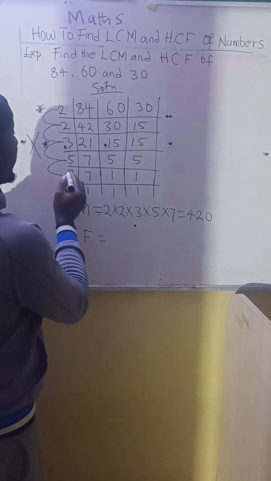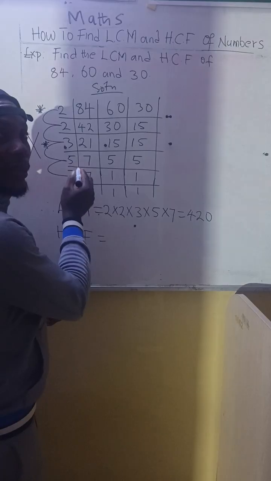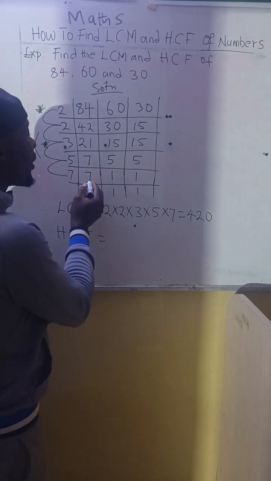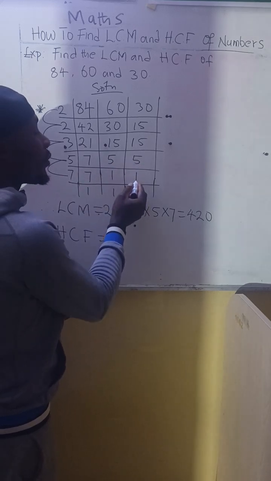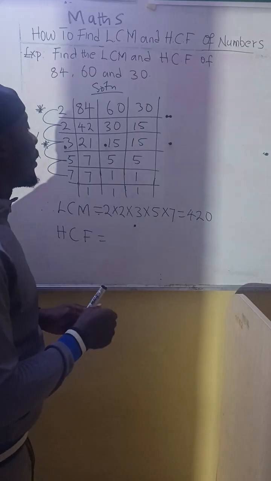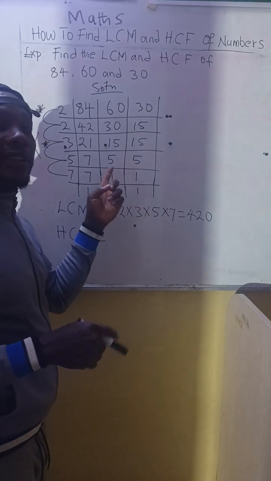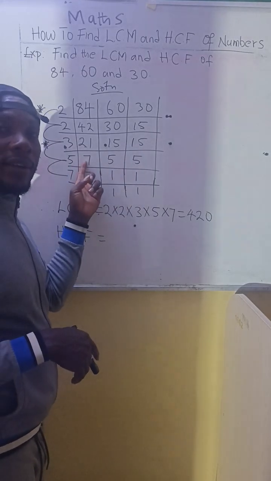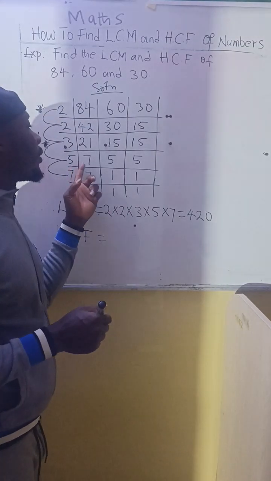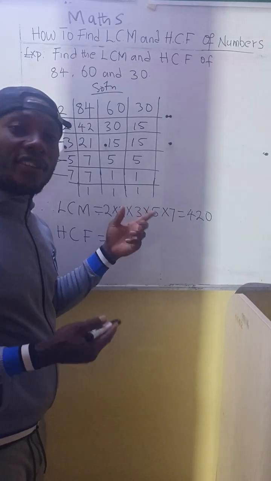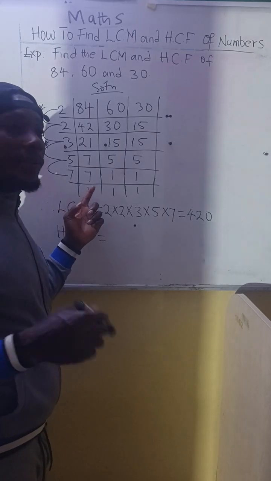What about 5? 5 did not divide 7 without a remainder. When 5 divides 7, there was remainder. But when 5 divides 5, there was no remainder, and the same for the other 5. So it is not common, because it only divides these two 5s and did not divide 7 without remainder. It did not divide all the numbers in a row. What about 7? 7 only divides 7.